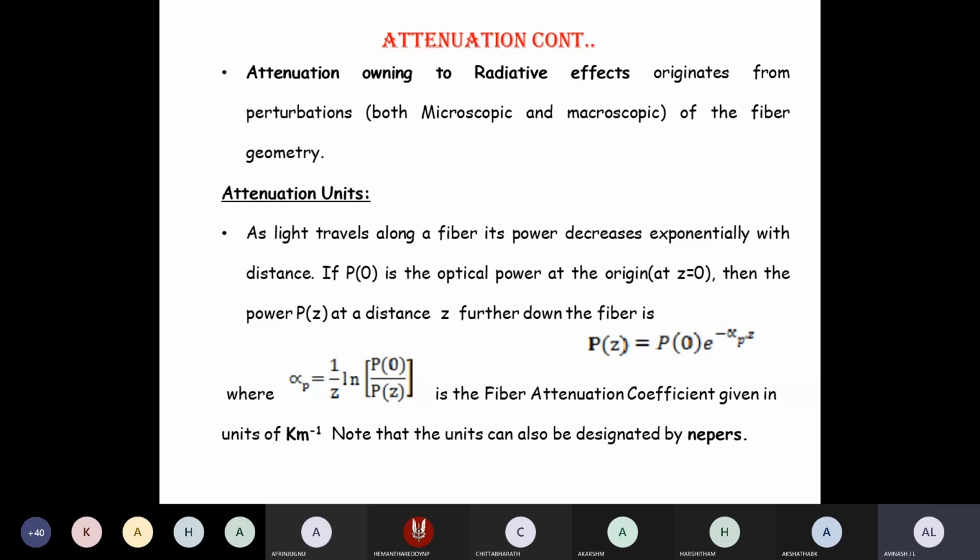Now, that attenuation in terms of an equation: if P(0) is the optical power at the origin, at Z equal to 0, that means one particular position of the fiber, the initial position, the starting point of the ray.